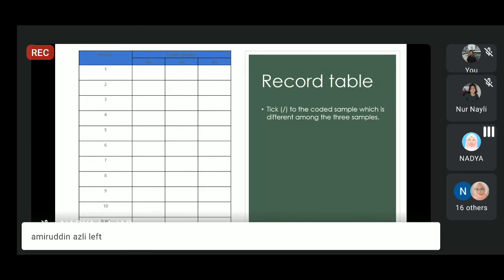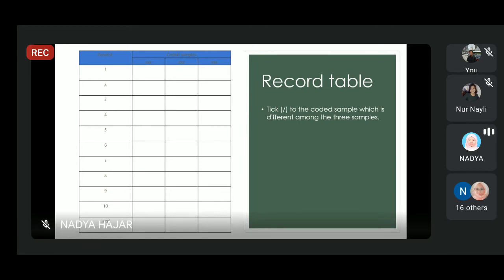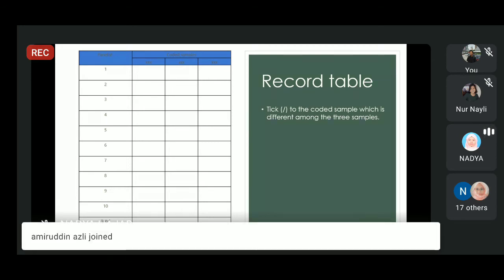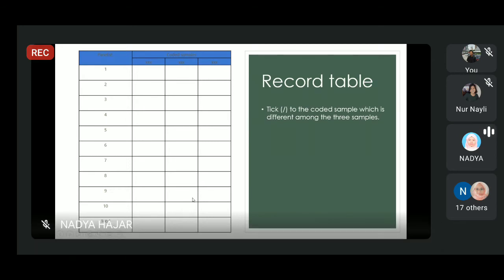Memanglah 6 ni orang boleh terima, tapi yang 4 ni? Secara lahiriah nampak orang tak boleh terima, tapi kita kena refer pada statistical chart untuk tengok sama ada nombor 4 ni orang boleh terima ke tak. Kadang-kadang boleh terima. So sebenarnya tak ada beza pun antara 6 dengan 4 ni. Dua-dua orang boleh terima. Nanti kita tengok lebih lagi.